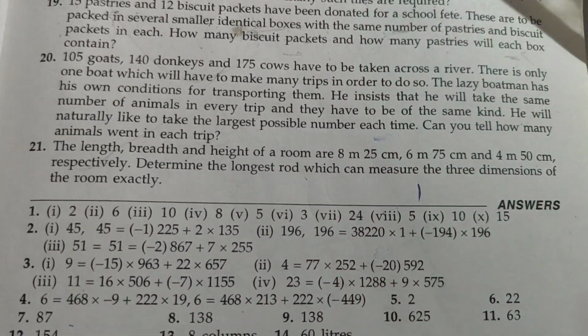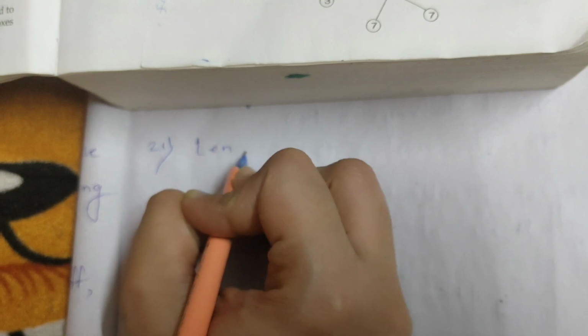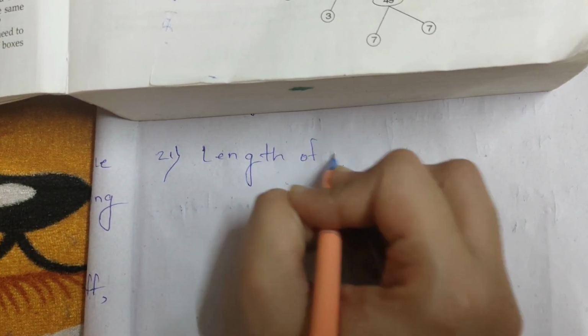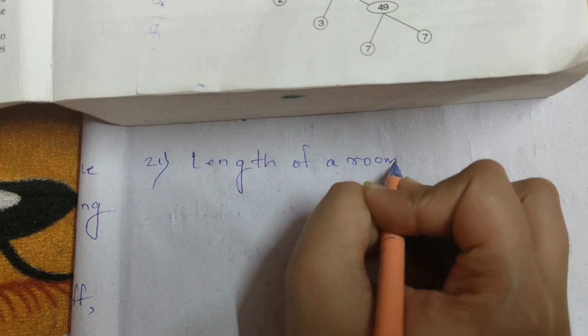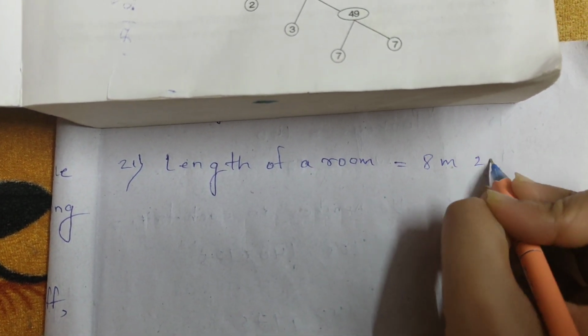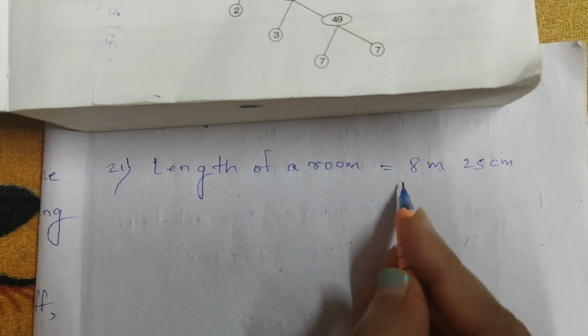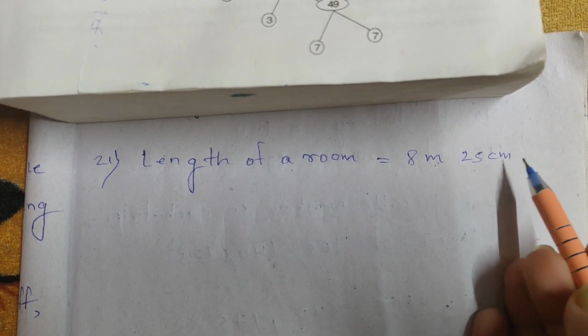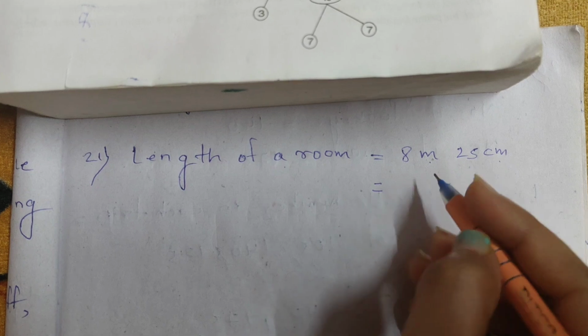Okay, question 21. Length of a room is 8 meter 25 centimeter. Here we have to convert this meter into centimeter.